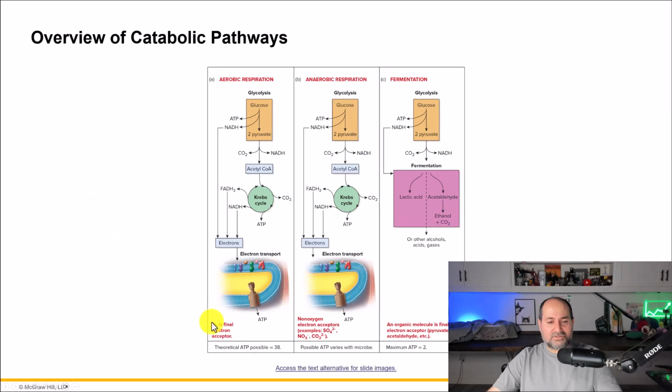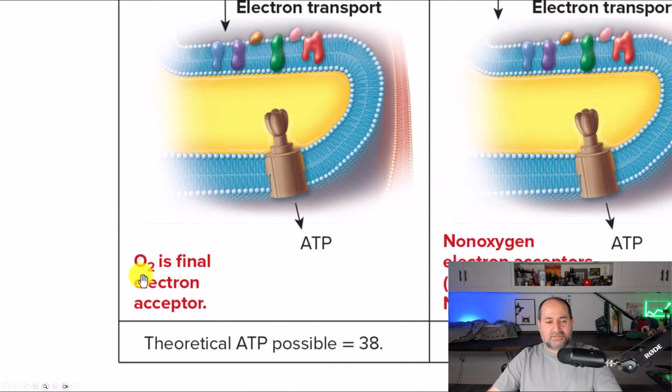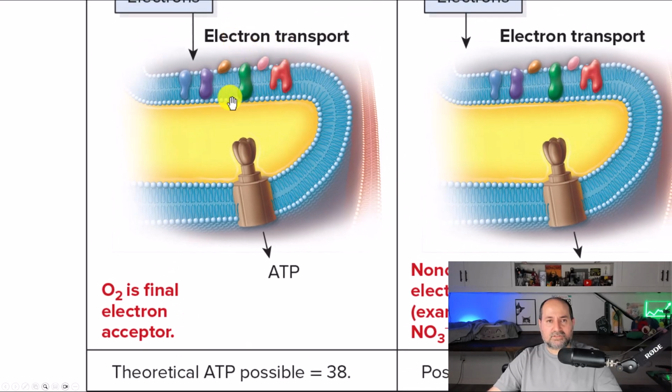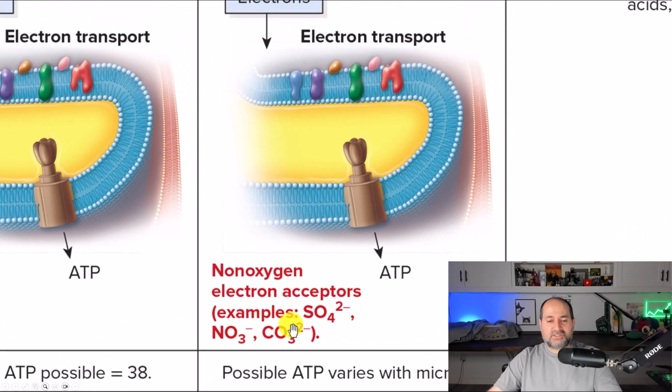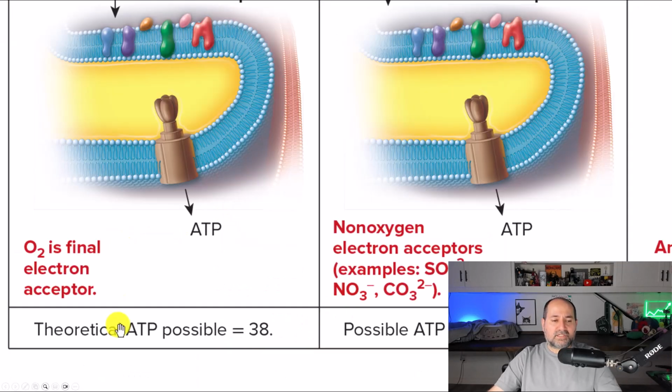Here, it's oxygen. During aerobic respiration, oxygen picks up the electrons at the end of the electron transport chain. In anaerobic respiration, one of these other molecules like sulfate, nitrate, or carbonate, they're the ones that pick up the electrons at the end of the electron transport chain. Also, take a look at this.